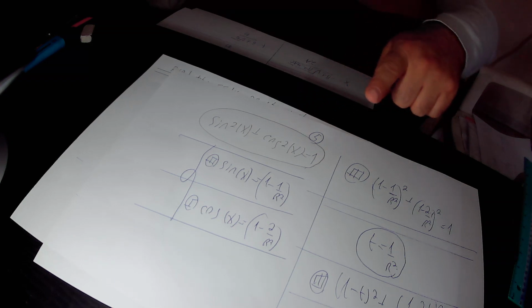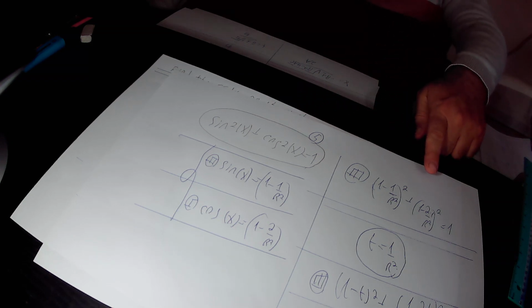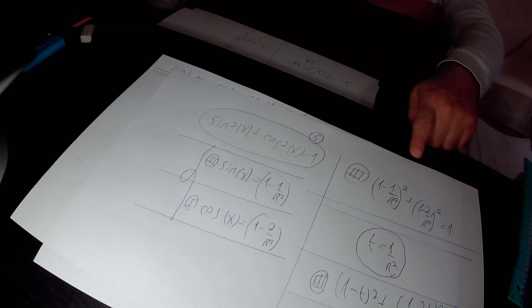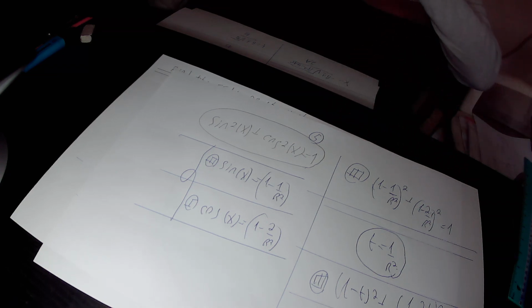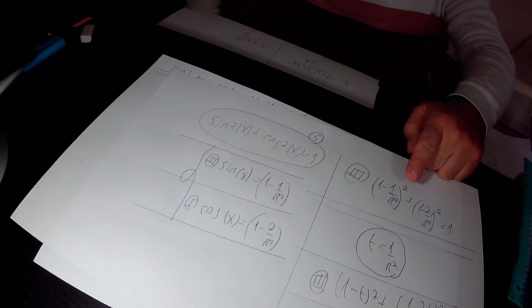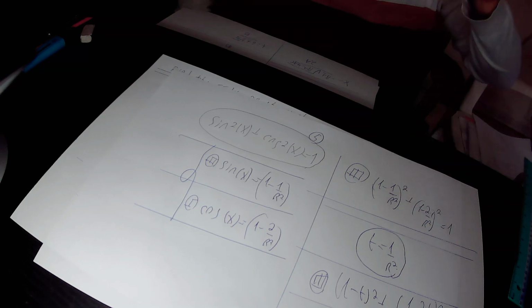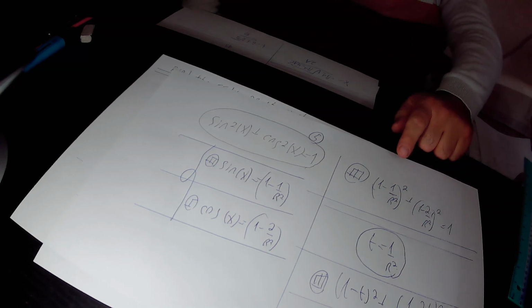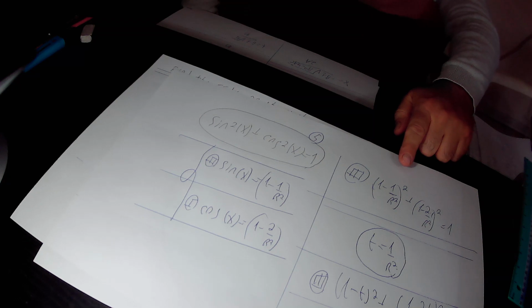Cosine x according to equation 1 is 1 minus 2 times 1 over r squared, and therefore cosine squared x will be 1 minus 2 over r squared, squared, and it is equal to 1. So here we defined t equals 1 over r squared according to our definition. Therefore we can substitute 1 over r squared in this equation 3 by t.